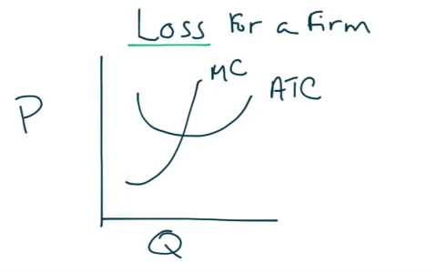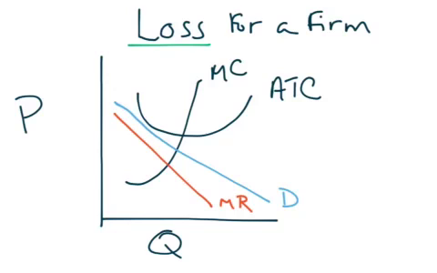So I'm going to draw in now a demand curve and my marginal revenue curve. I'm going to use the same rules that I've been using all along. I'm going to figure out their profit maximizing quantity of production using marginal cost and marginal revenue. And that gives me this quantity.